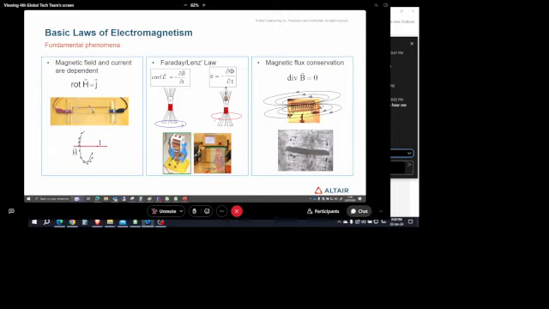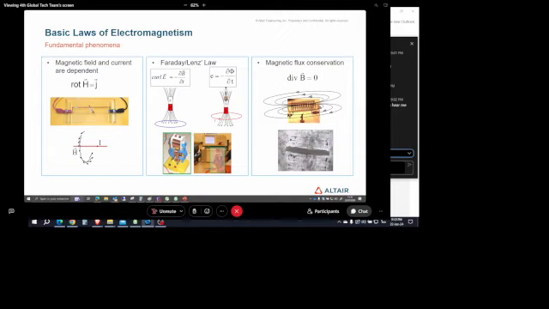For instance, we can have a magnet in front of a coil or turn, and if we move this magnet, we create a magnetic field variation. Then on the coil, we see a voltage. Once again, this is the same principle as the dynamo.